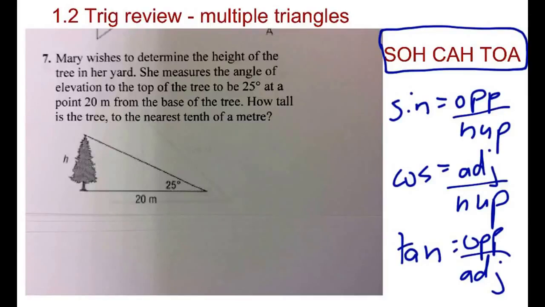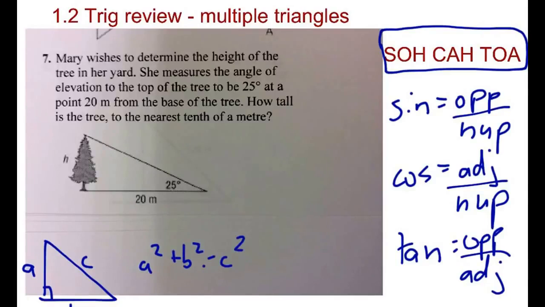The other two things we're going to look at today that might come in handy for solving some of these problems: because it's a right angle triangle, and if we use ABC as our triangle, we can always use the Pythagorean theorem, A squared plus B squared equals C squared. So that's a valid formula to use when we're solving triangles.